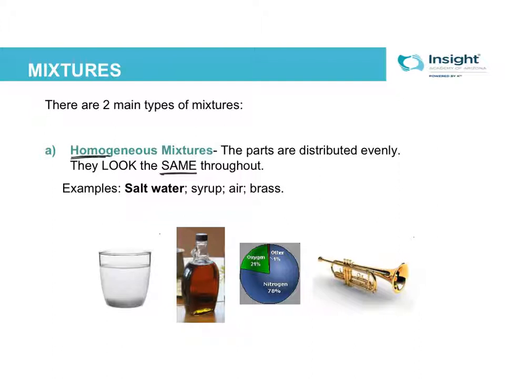Or syrup is water and then a bunch of dissolved chemicals that give it the brown color. All right? Air around you, you can't see the oxygen part compared to the carbon dioxide part compared to the nitrogen part. It all looks the same. All right? So if it's a mixture but you can't see the separate components apart from each other, then it's a homogeneous mixture.